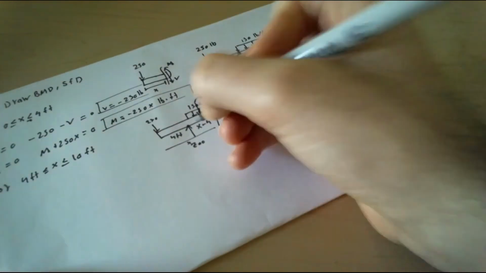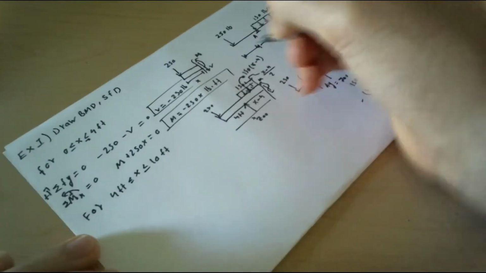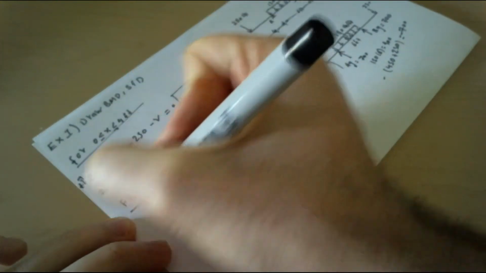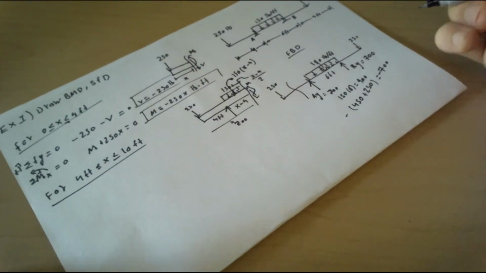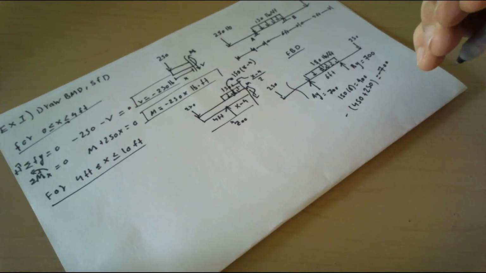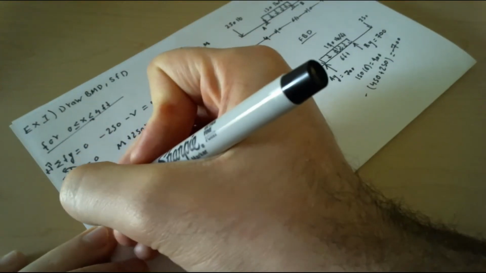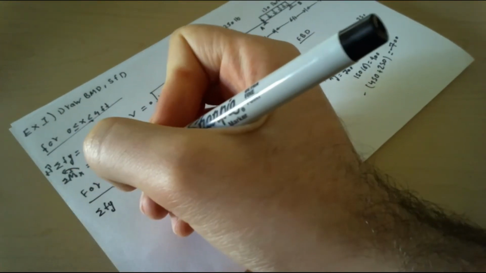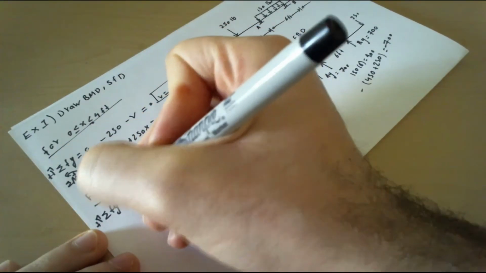Okay, now we have a moment and V. So that was for that, this one is for this. We have a moment and V. Okay, so now we need to do the same thing again. Sum of the forces in y, upward is positive, equals 0.